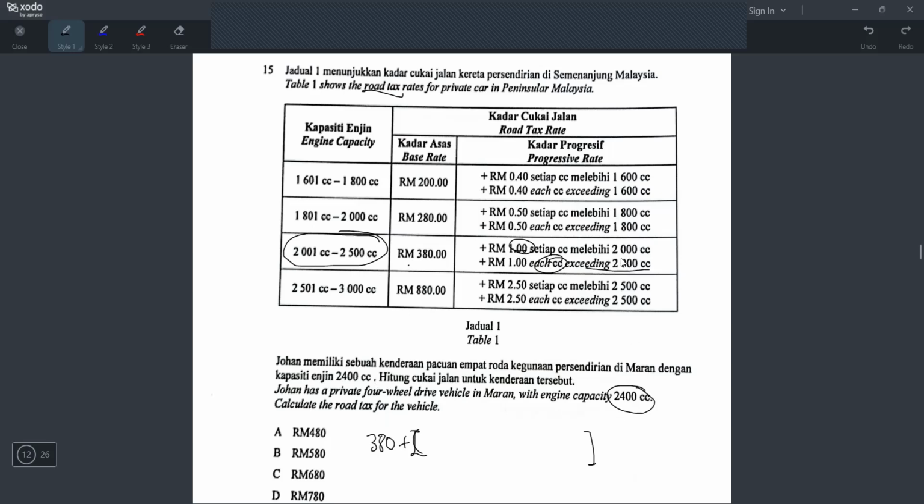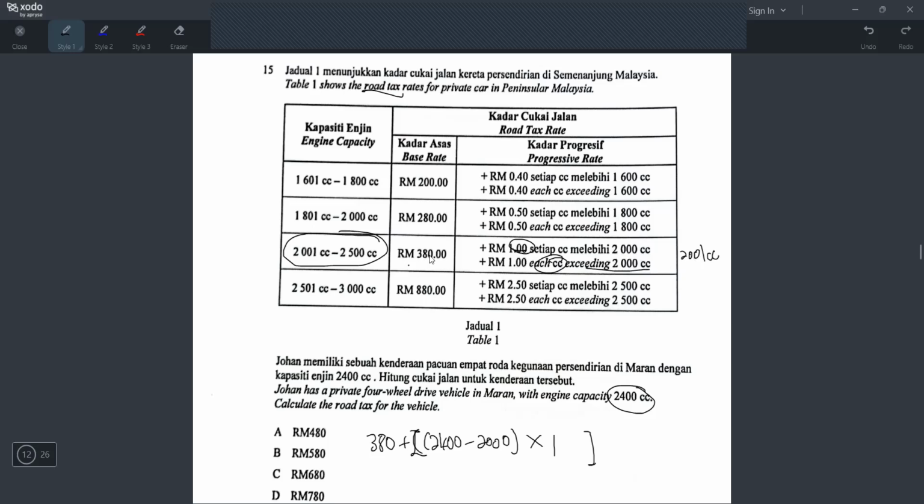So 2,400, dia melebihi 2,000 berapa? So you have to take 2,400 minus 2,000, sorry. After you minus, you get the balance, you times with 1. Because for every cc exceeding 2,000, you have to pay 1 ringgit. So for example, if your cc is 2001 cc, it means how much you have to pay? You have to pay extra 1 ringgit lah.